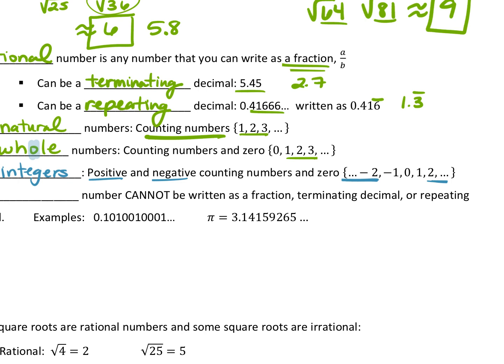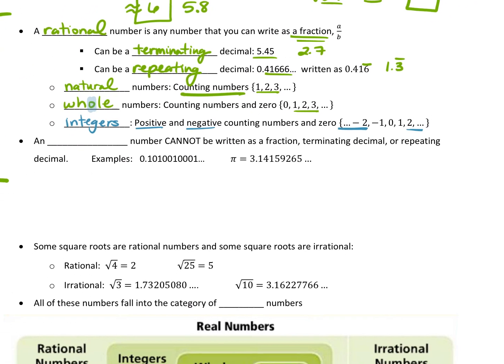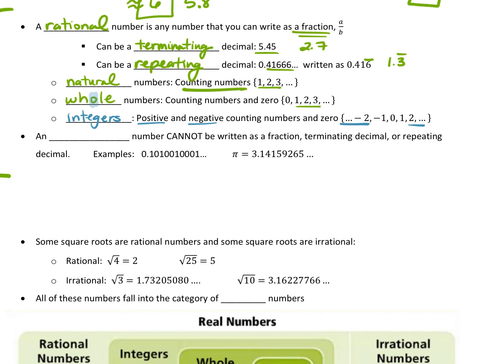Notice this does not include fractions or decimals. Integers cannot have fractions or decimals. Okay. Questions on that? Okay. Then the other umbrella that falls under real numbers is irrational.